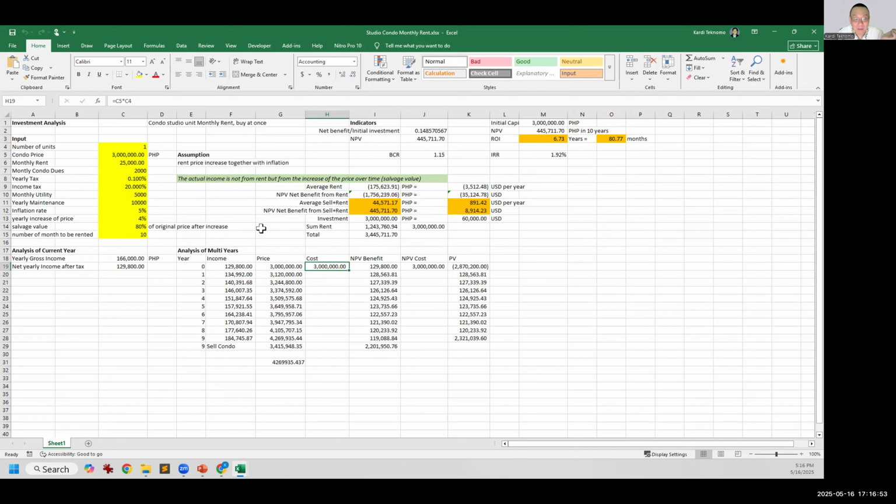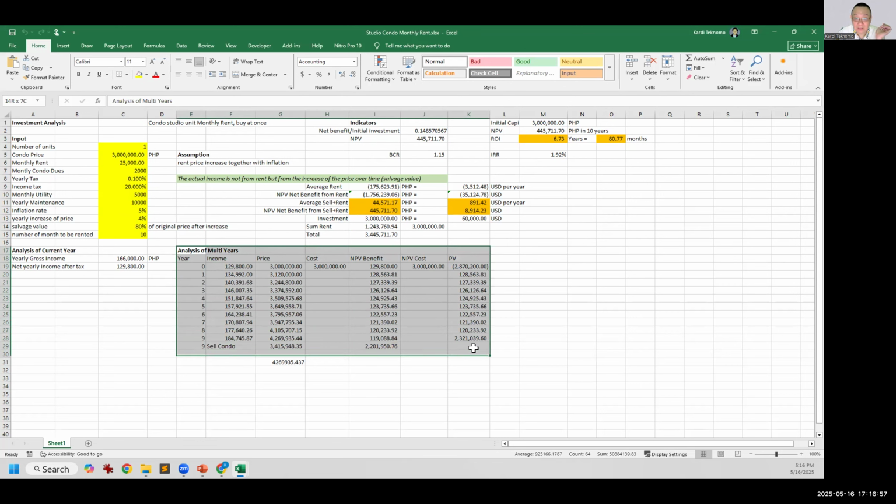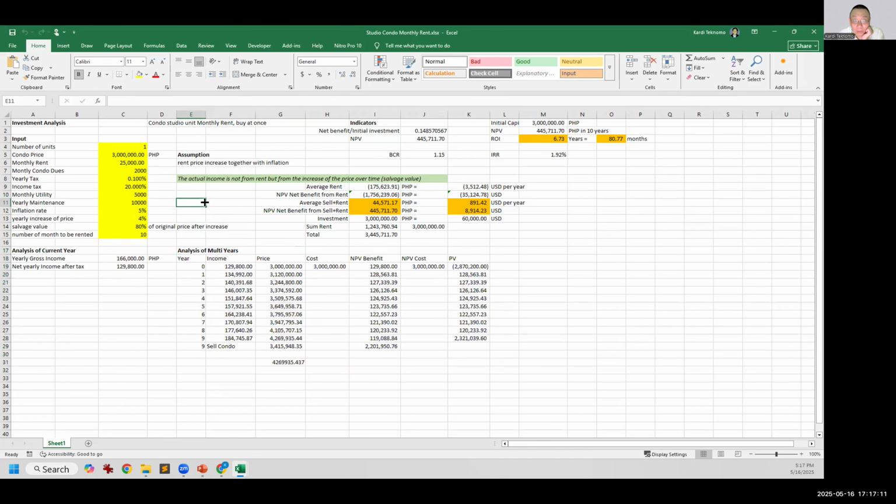I also give you the template for this one to compute the multi-year analysis in a cycle. Cycle means every certain number of years, for example 10 years, you repeat the same cycle. For the condo, if you look at the money here, you actually earn back when you sell, not when you operate, because the price of the condo unit is too high already.